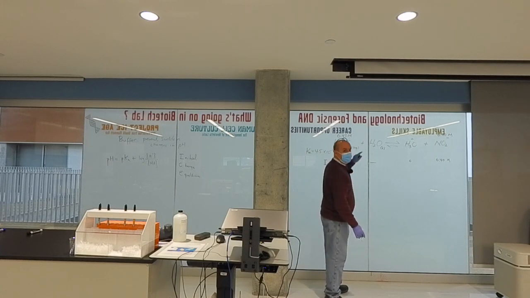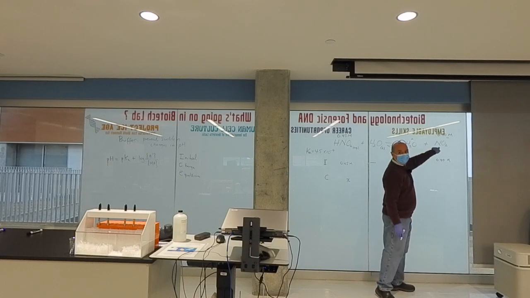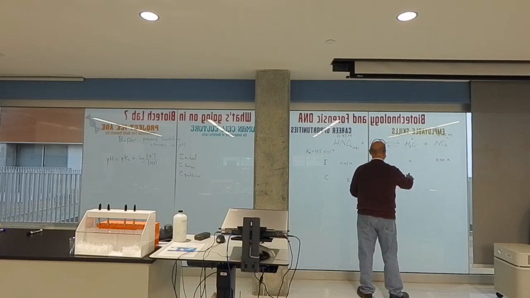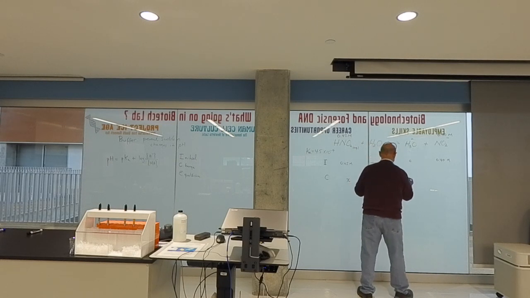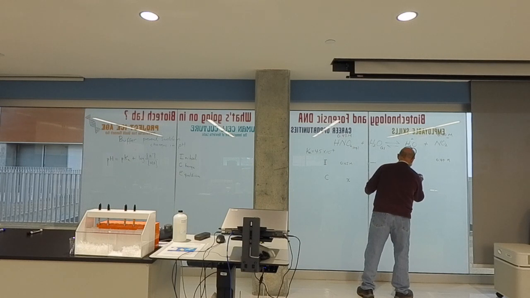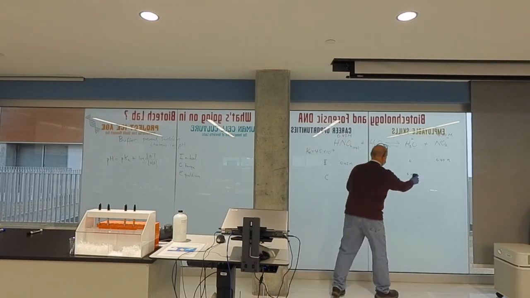Because these are equimolar, one of these gives one of these and one of that, we can also say that the change in concentration of these is going to be 0 plus X. It's going to be generated as a product.